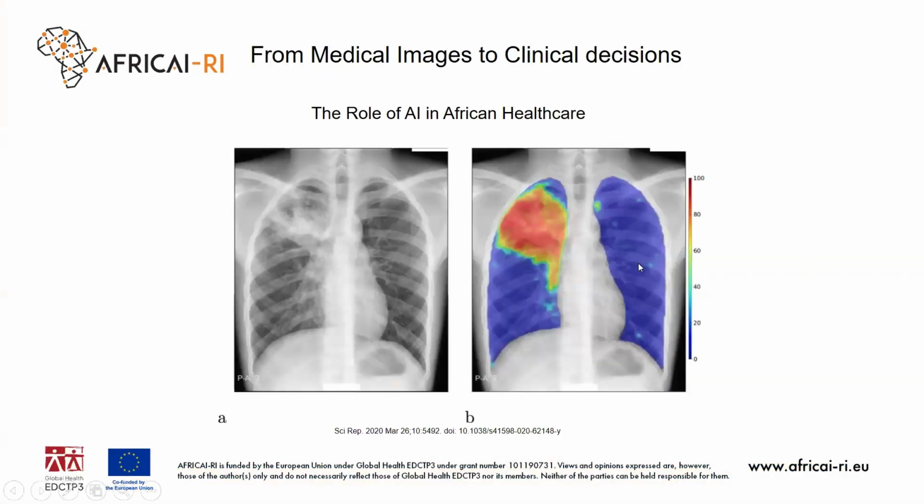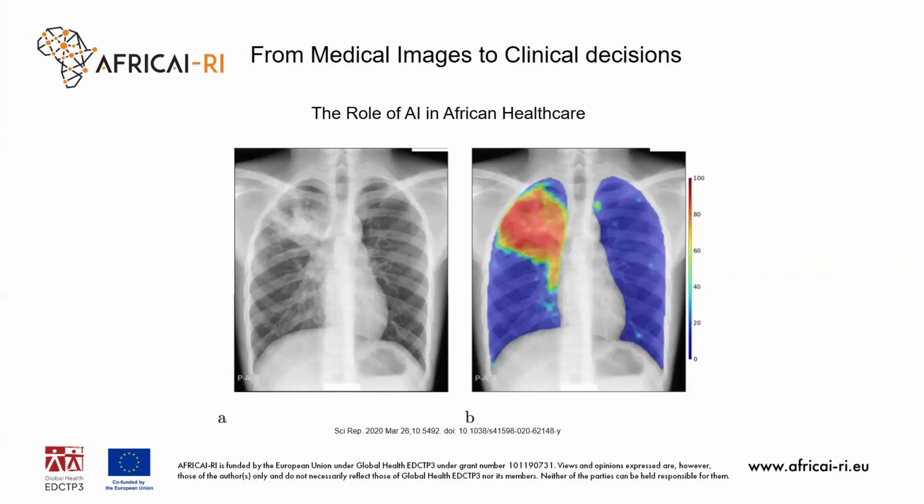This slide introduces the main question that we want to try to answer here. How can AI help move from medical images to better clinical decisions? As we know, in many African healthcare settings, images can be taken, but timely interpretation by a specialist is still limited.